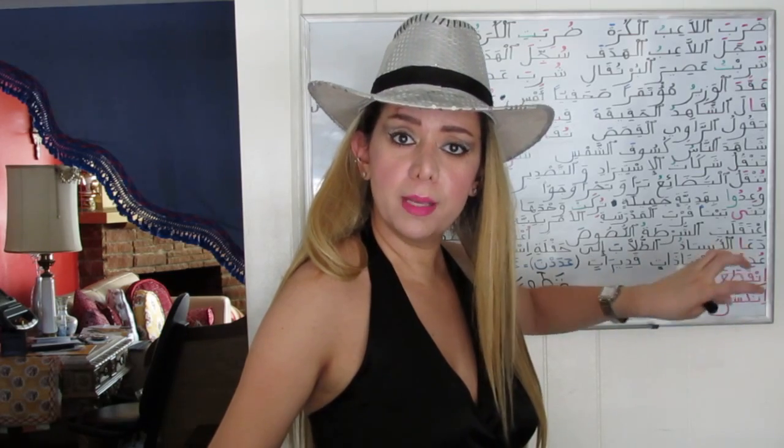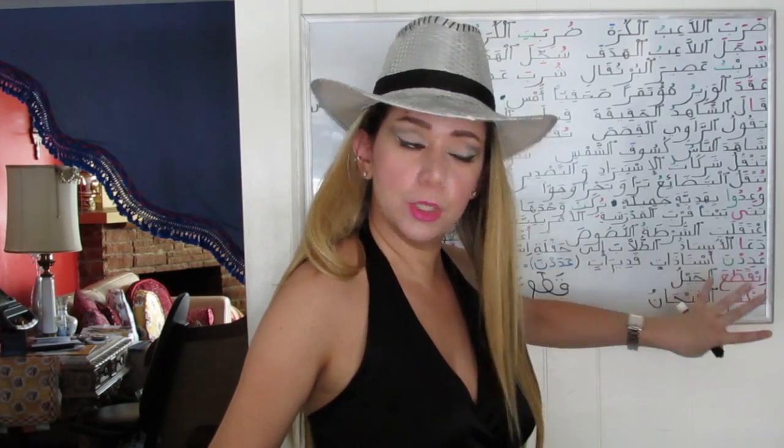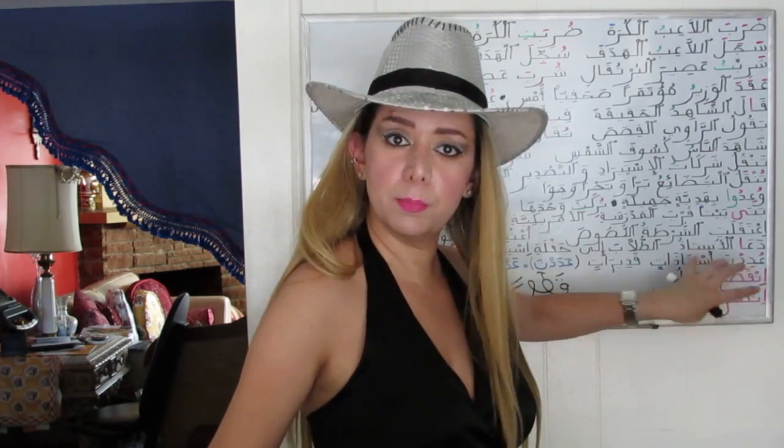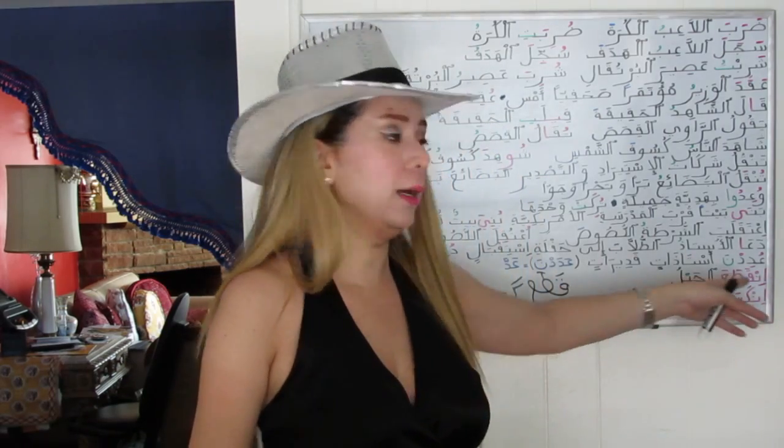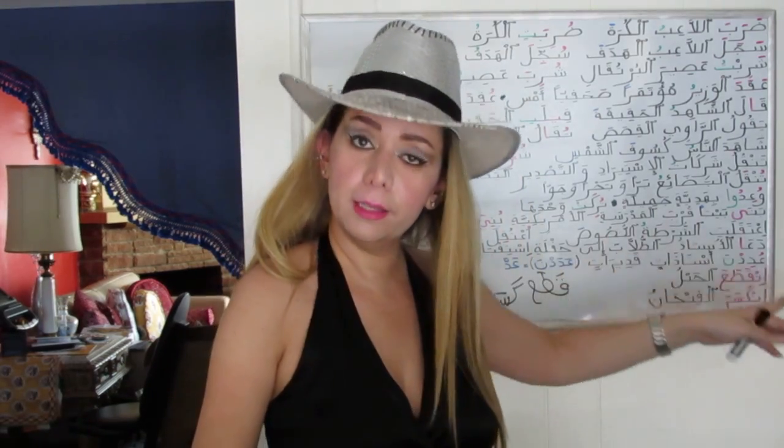The passive meaning is built in. Otherwise it would behave differently. So the form 7 verb is always intransitive. It doesn't take any objects. And often it is a passive version of form 1. So قطع, انقطع, كسر, انكسر.